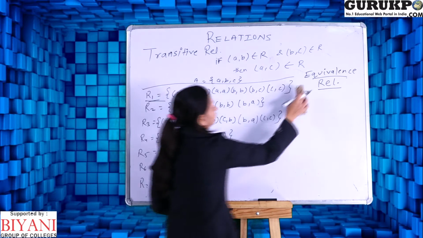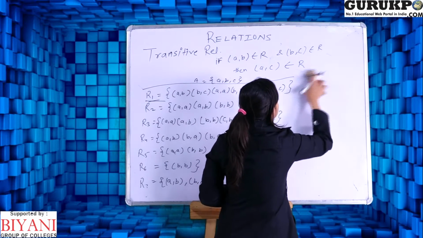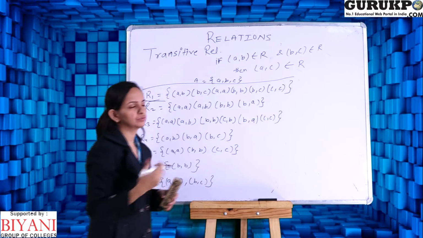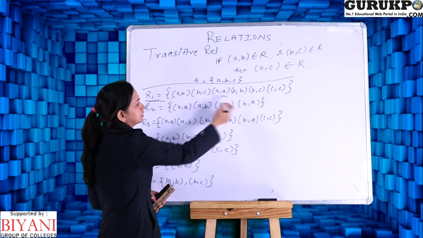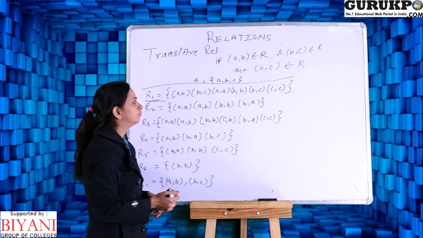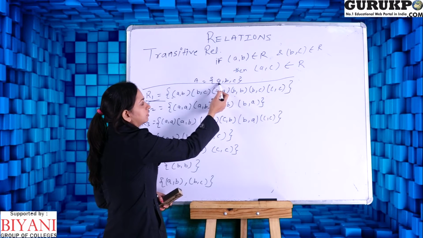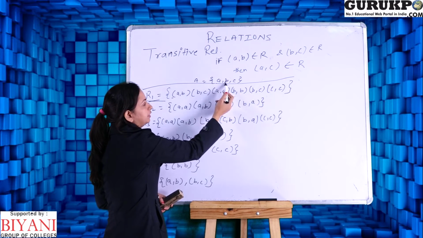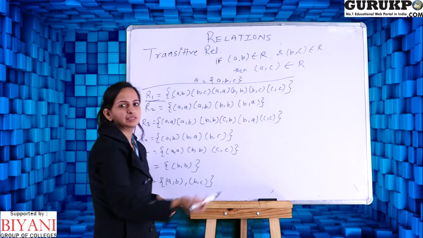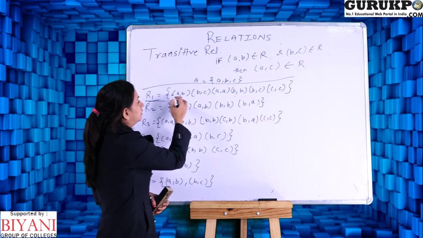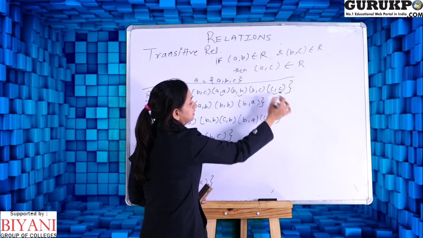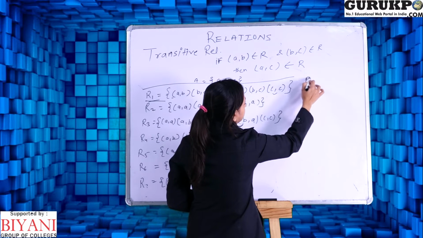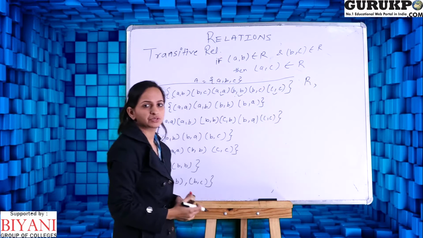We know the condition of reflexive relation, that all the elements must belong to themselves. So to check whether this relation is reflexive, we check AA must be there, BB must be there, and CC must be there. In this relation we found AA, BB, and CC. So we are saying that this relation is a reflexive relation.